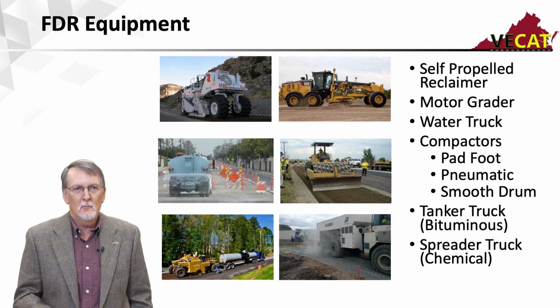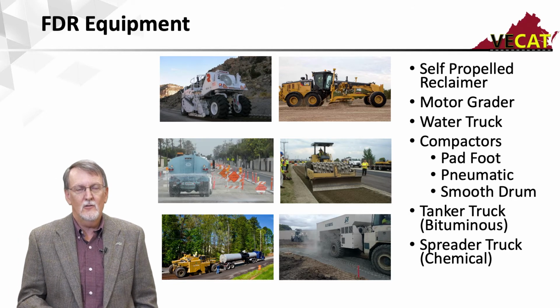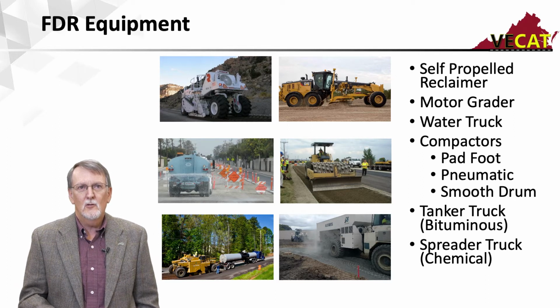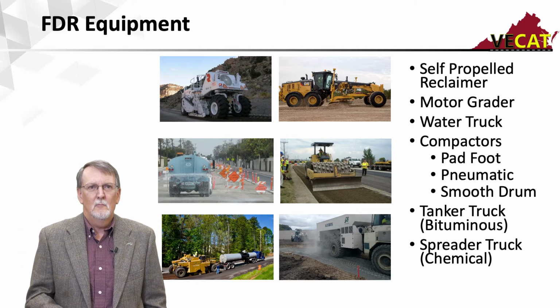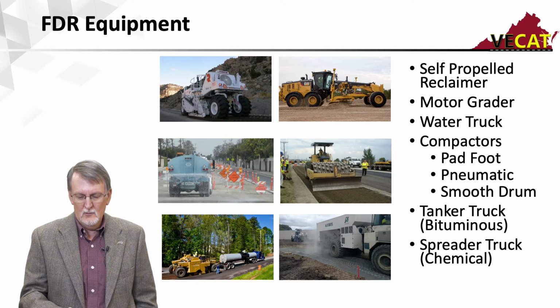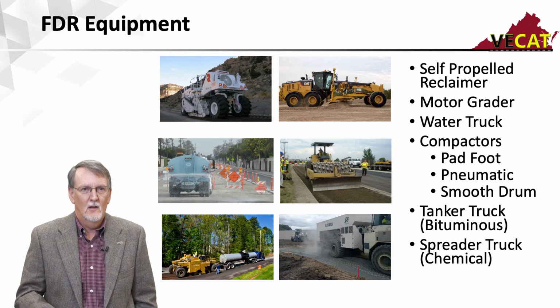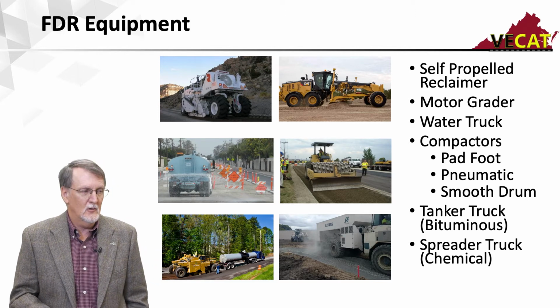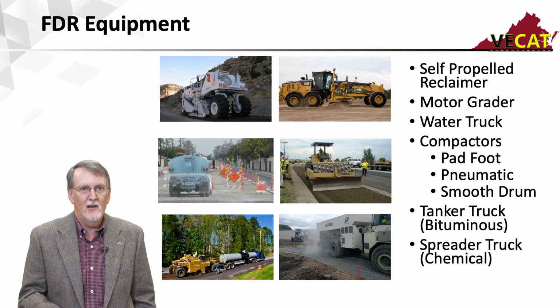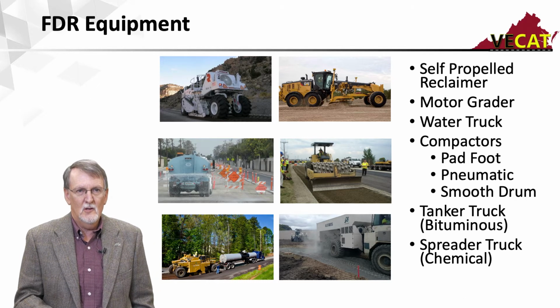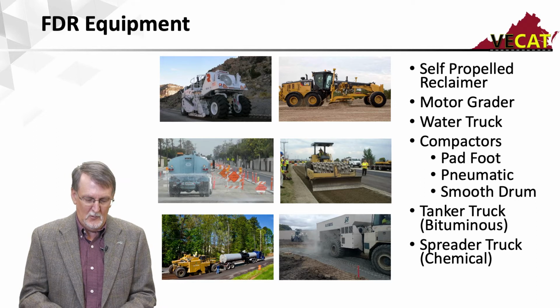Because these are typically pretty thick layers, 8 to 12 to 14 inches in a single lift, we typically use pad foot rollers, although on some of the thinner ones we may not. But a pad foot roller, pneumatic roller, and a smooth drum roller. And then if we're going to stabilize it, if it's going to be bituminous or asphalt stabilized, we'll need a tanker truck for that. If we're going to put down cement, it's usually put down with a cement spreader truck.